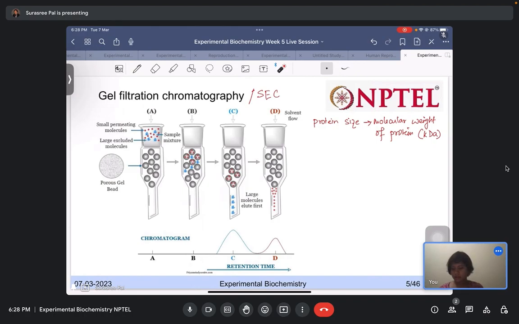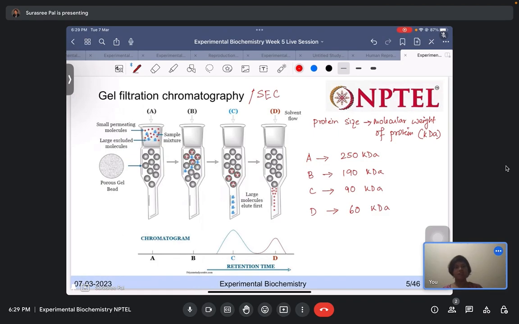So I'm writing here protein A, protein B, protein C, and protein D. Suppose we have proteins of these molecular weights mixed in a solution.